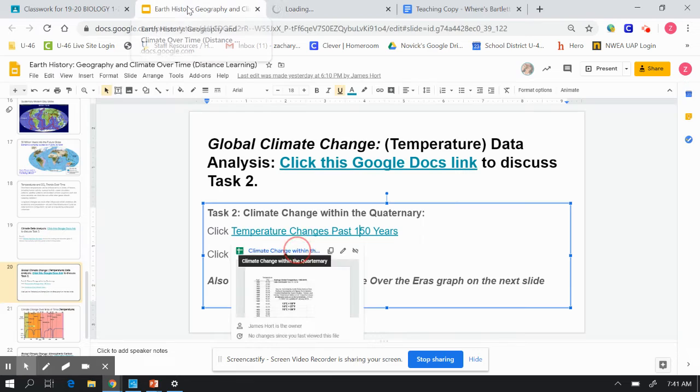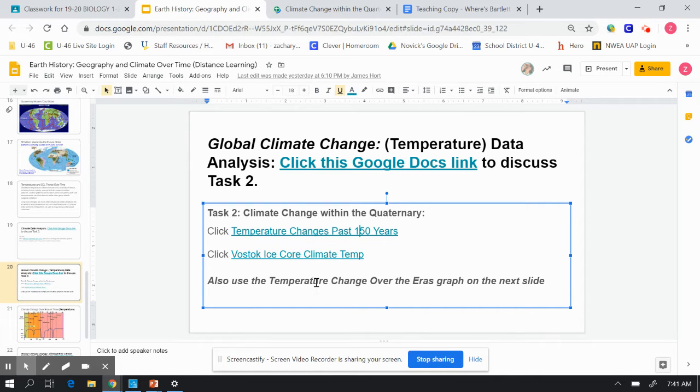Now, just a quick heads up, these two links are linked to different tabs on the same Google Sheet. So these two things will bring you to essentially the same place, but these also clearly identify two tabs on the Google Sheet that you have to use for today's task.